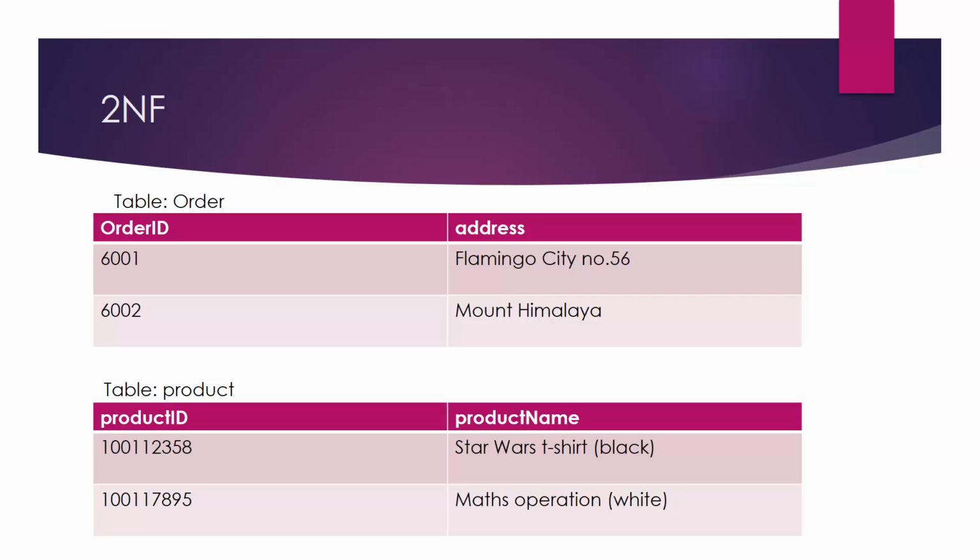Specifically, a table is in second normal form if it is in first normal form and no non-prime attribute is dependent on any proper subset of any candidate key of the table. So this is the example of my second normal form.